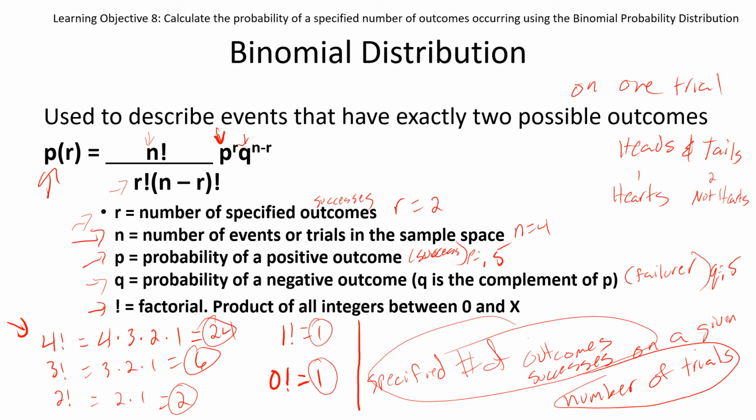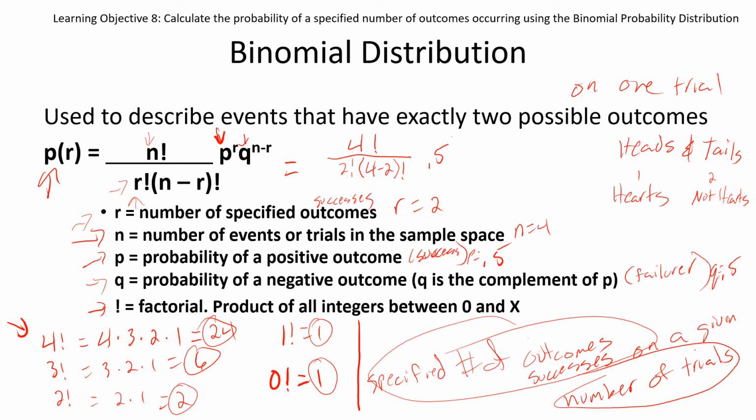And then we just need to plug this in. Let's actually plug these into this formula. So we've got N factorial, so 4 factorial, divided by R factorial, so 2 factorial, times N minus R factorial, so 4 minus 2 factorial. All of that times P, 0.5, to the R power.